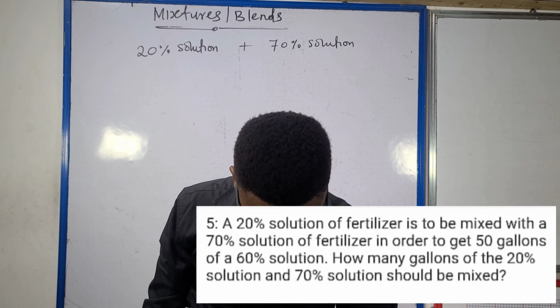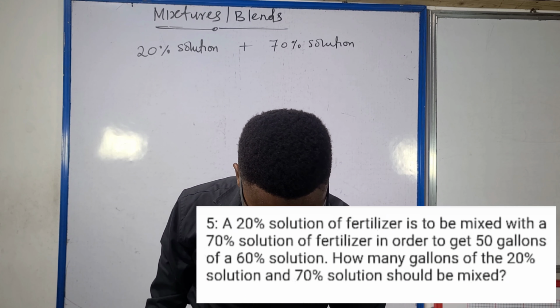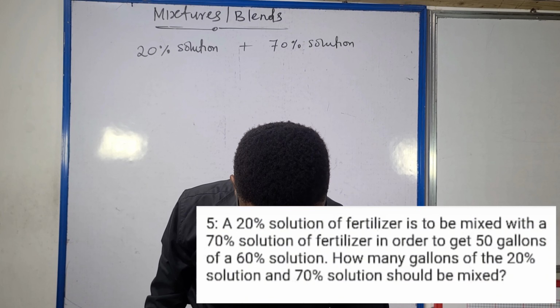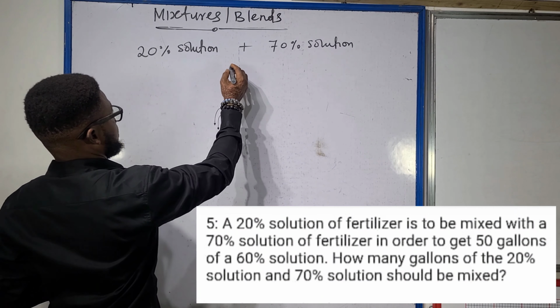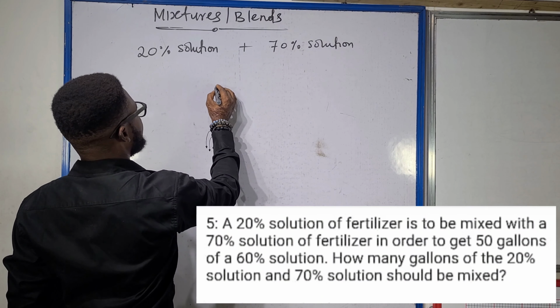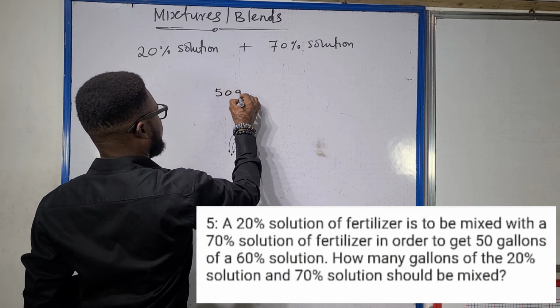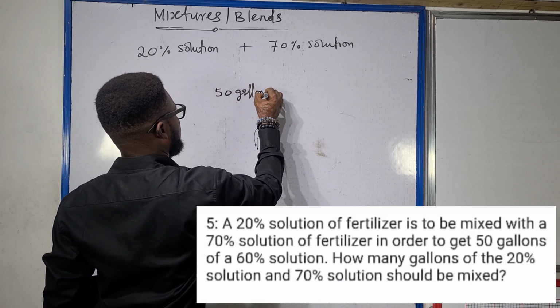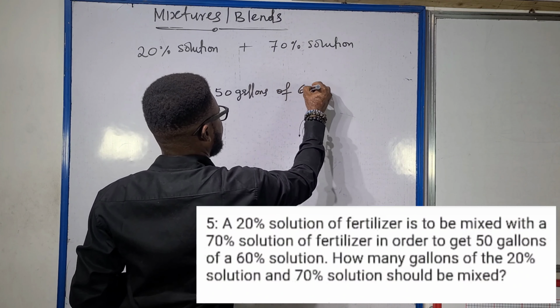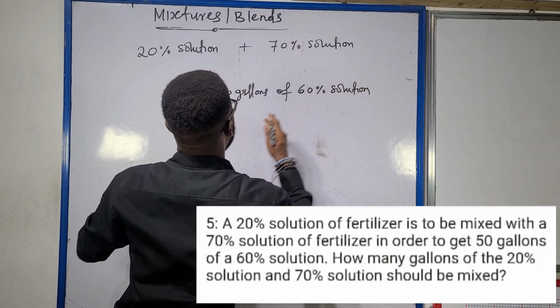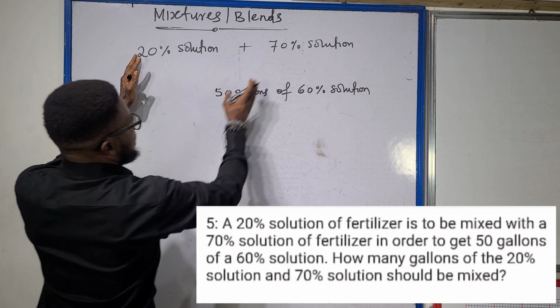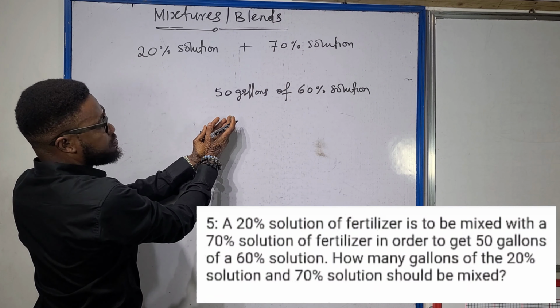This is in order to get 50 gallons of a 60% solution. So the thing is, this and this give 50 gallons.